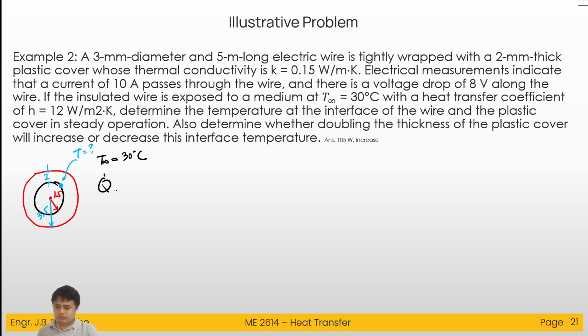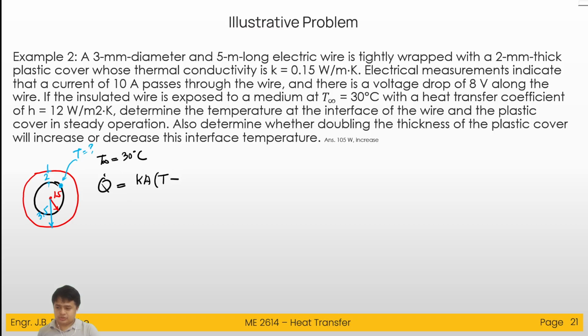To find the Q of a cylinder, you have Q equals the temperature difference over the resistance. In this case, you have T minus T infinity, as I think this is hotter.